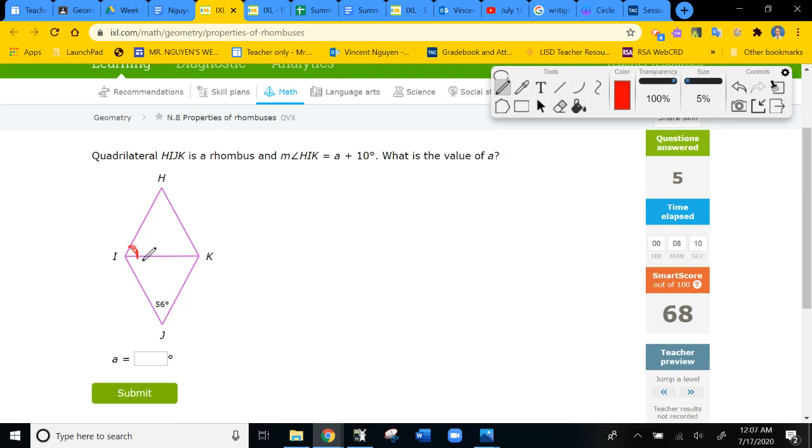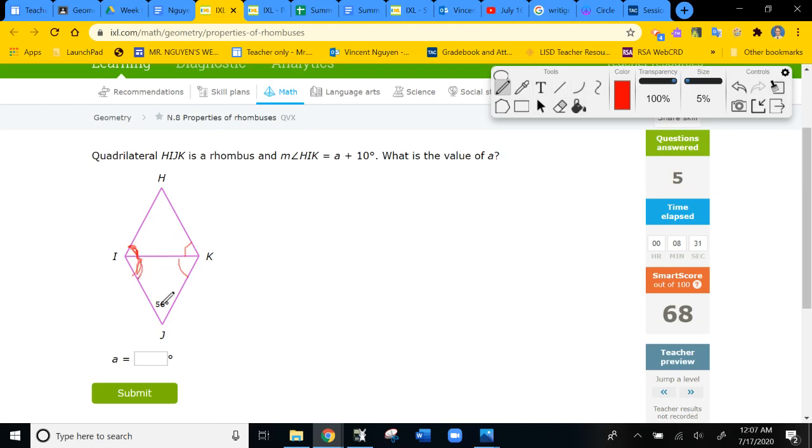Well, this angle is equal to this angle, and it's equal to this angle, and it's equal to this angle. That's the thing about the rhombus: these two triangles are actually congruent, because that cuts it in half. So if you can find this angle right here, we can find that.